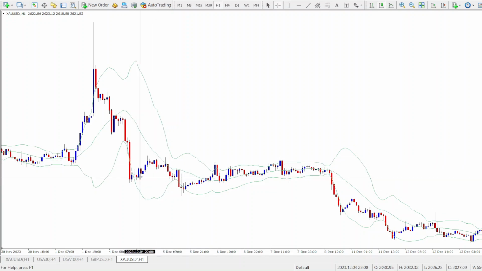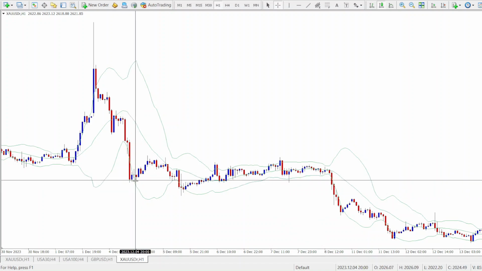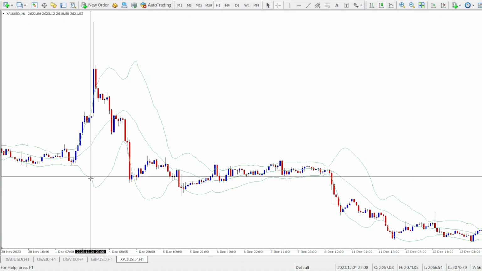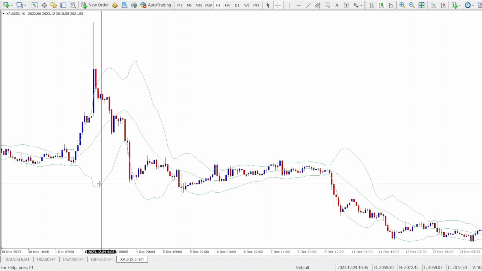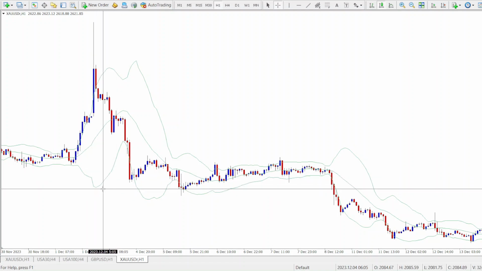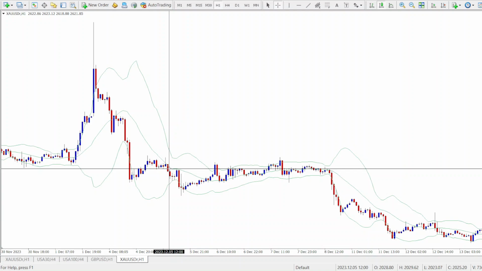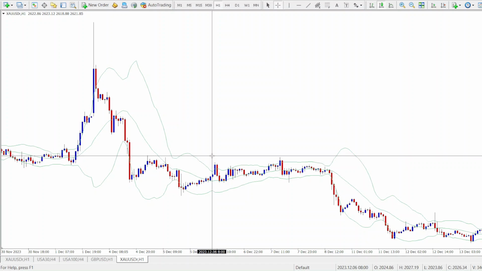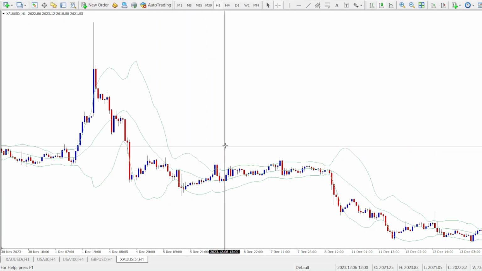So if we had entered a buy somewhere around here, we could have set our stop loss below the lowest point the price got to, or we can use the previous movement of the Bollinger Band to determine our stop loss level, just setting our stop loss right below this. Take profit can be at the middle band. However, it's important not to trade solely based on touching the bands. Context is key, and that's where breakouts and trends come into play.